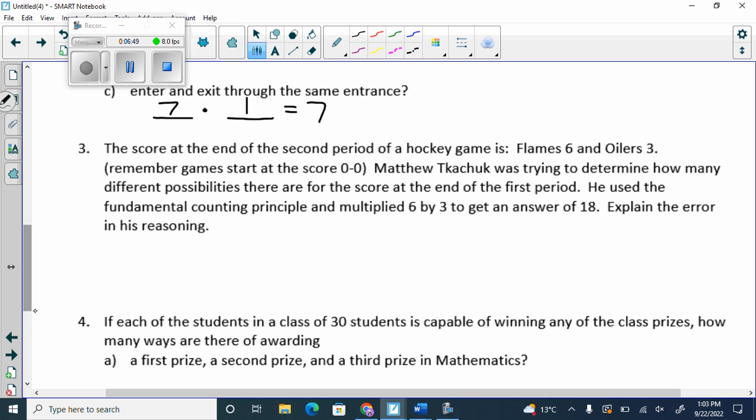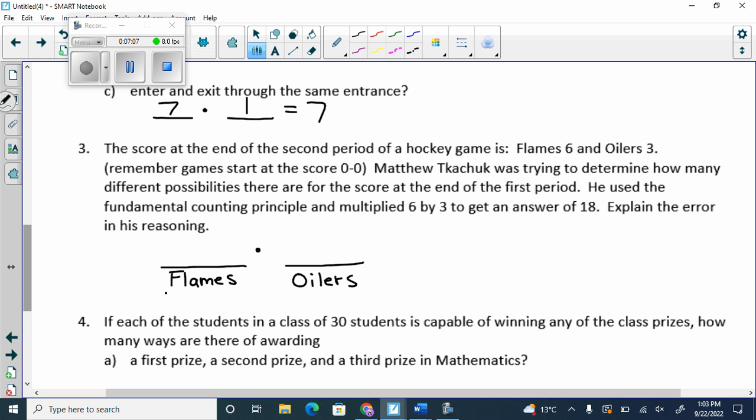All right. So we have a Flames score and an Oilers score. What are the options that could be on the actual Jumbotron?